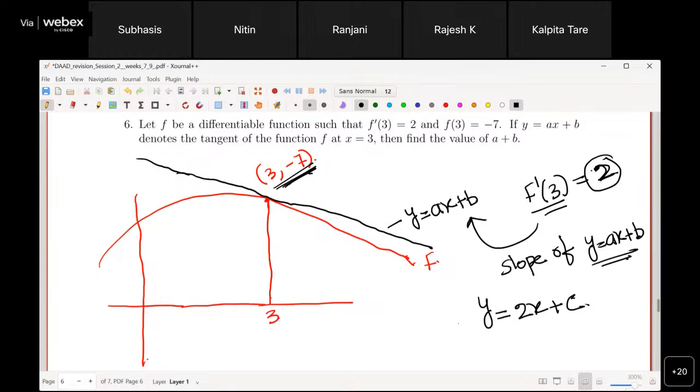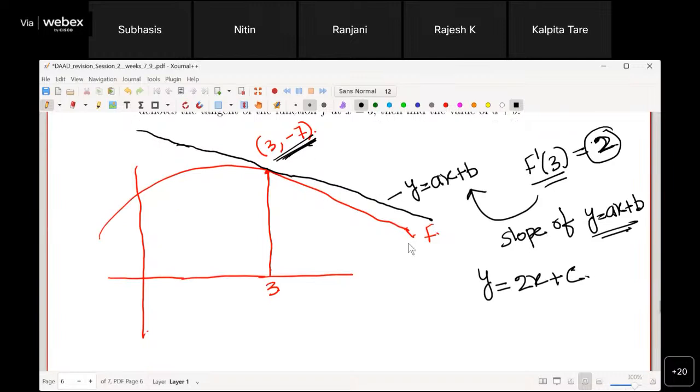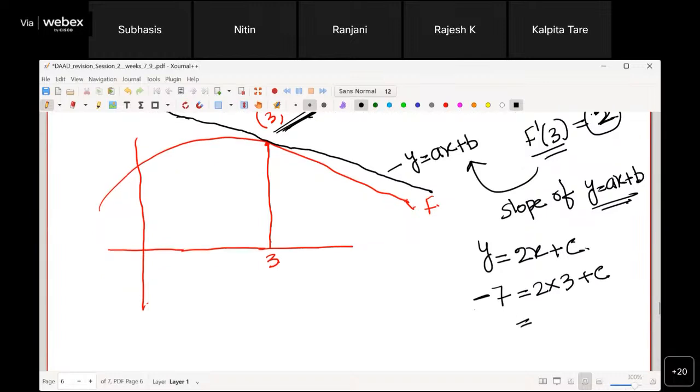So if you put this point in this line, it should satisfy this point. That means if I substitute minus 7 here, and in place of x, if I substitute 3, then this line should satisfy this point. That means my c is minus 13. That means the equation of this line is 2x minus 13, right?